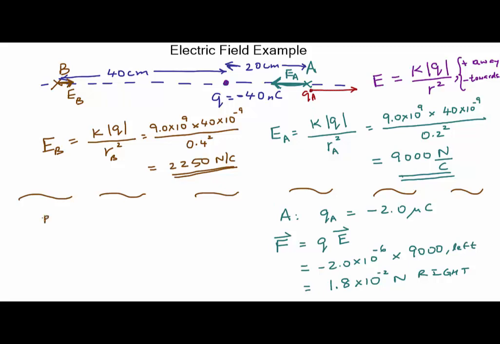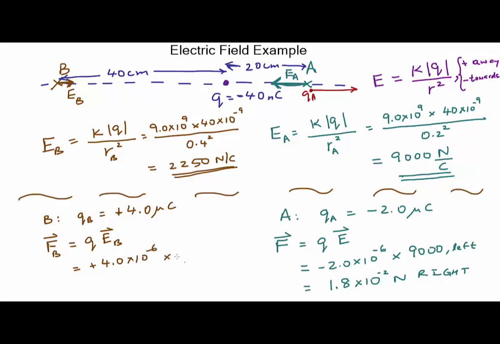Okay, lastly, to wrap this up, let's say I want to place a charge QB at B of plus 4.0 microcoulomb. And I want to determine the force on it, so the force on charge B would simply be Q times the electric field at point B. So I've got these as vectors, and now my charge is a positive 4.0 times 10 to the negative 6 Coulomb.